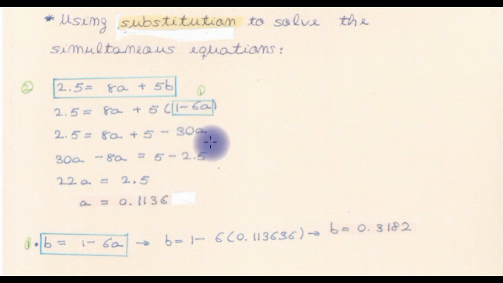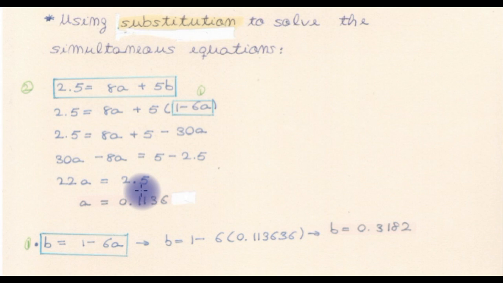We will pass all the a's to the left side, and we will leave the rest on the right hand side of the equal sign. So 30a minus 8a equals 5 minus 2.5. That is the same as 22a equals 2.5.